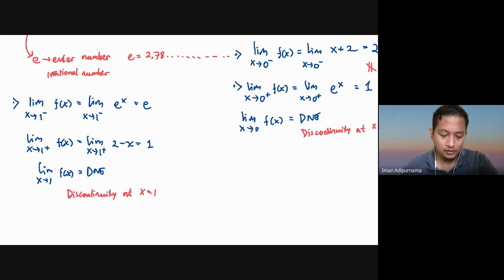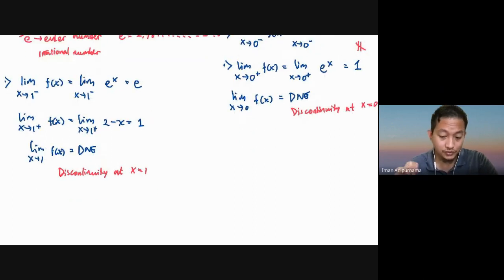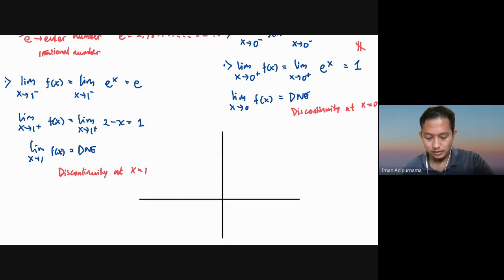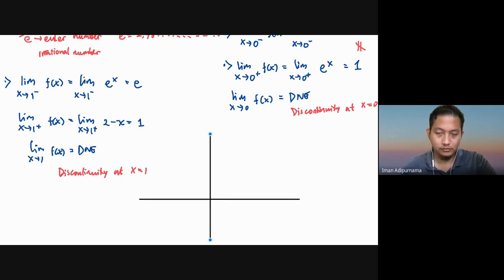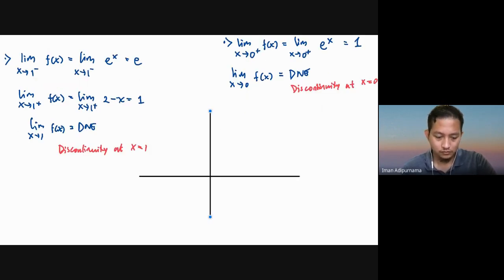Okay, but we still have some continuity. We can draw, if you want to look in more detail. This is one. Let's say this is e.